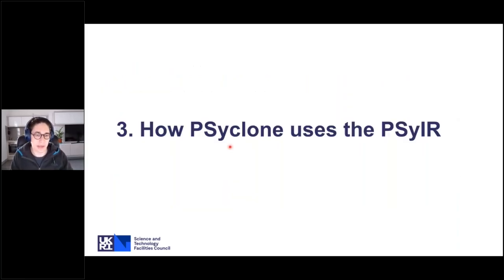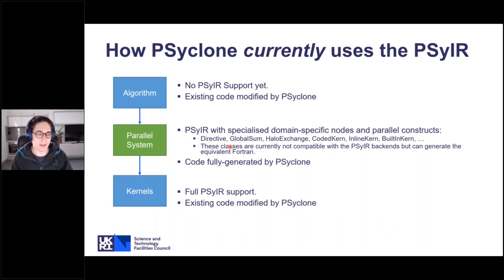So I'll finish with some examples of how PSyclone uses all this infrastructure. The first is that, as Andy mentioned, PSyclone has different levels, and there's already a big distinction here. One is that the algorithm and the kernel levels come from existing code.